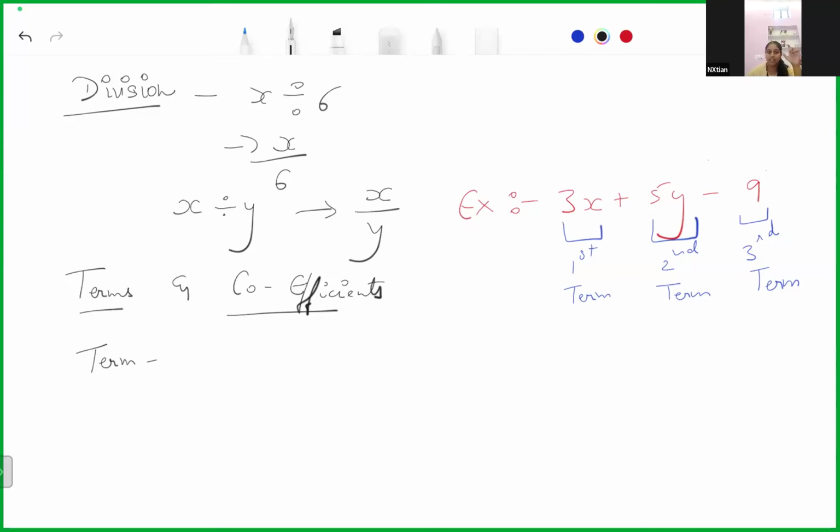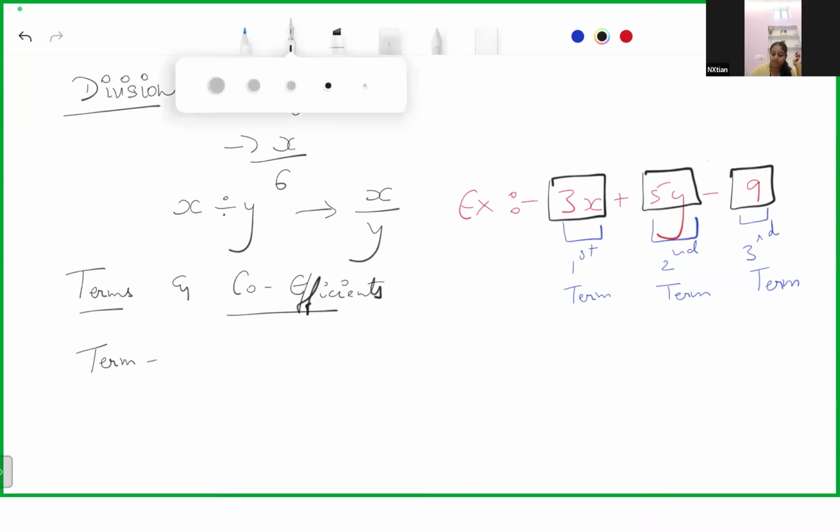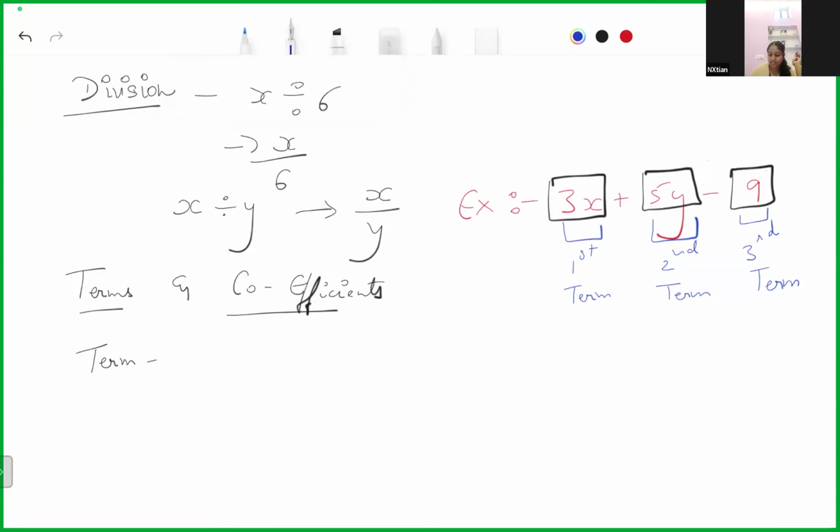Yes. So every number and variable part is separated by a sign, plus or minus. They are only separated by plus and minus, not by into and divide. Terms are separated by addition and subtraction signs.